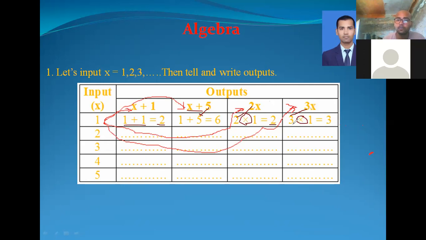After multiplying 3 into 1, we have 3 as the output, because 3 ones are 3. In this way, we can evaluate by replacing the values of the given variables in the expressions or the terms.